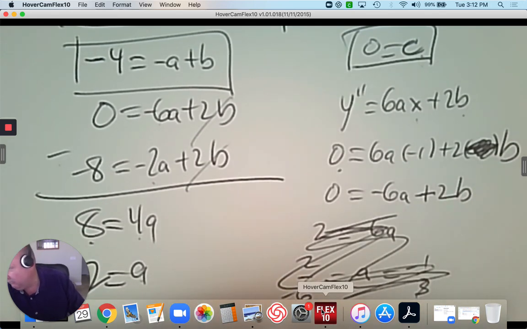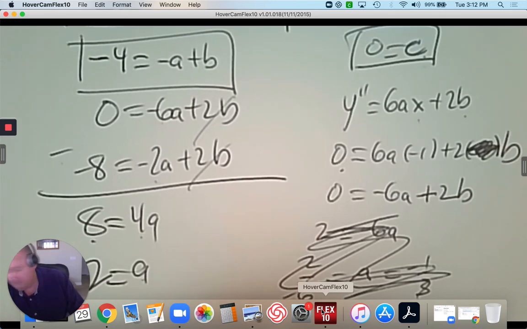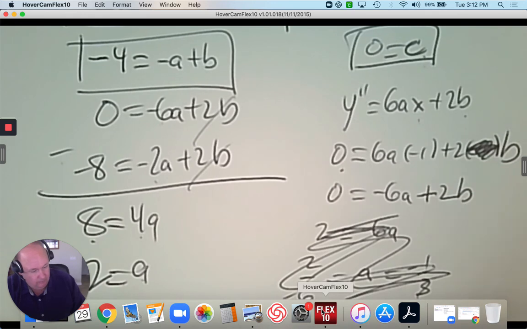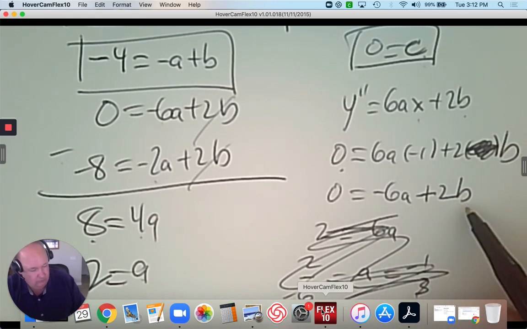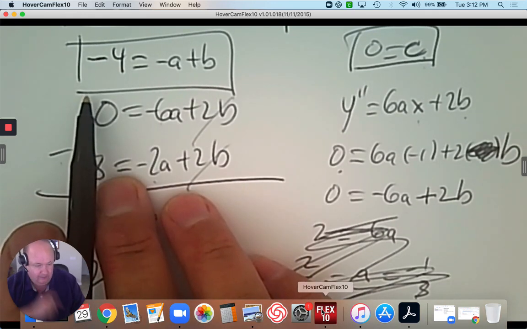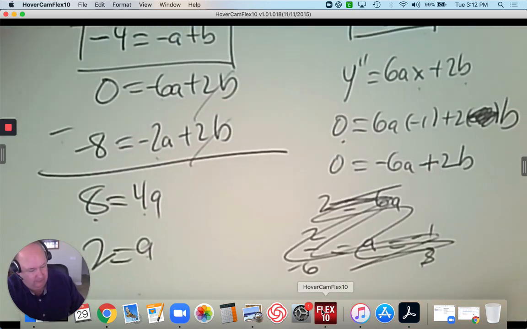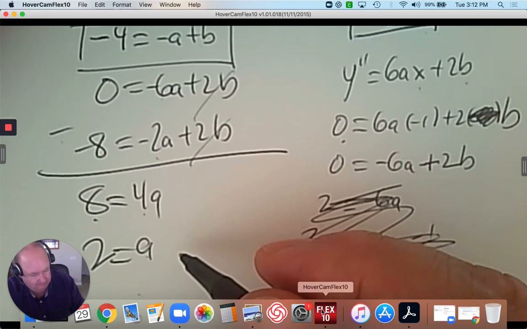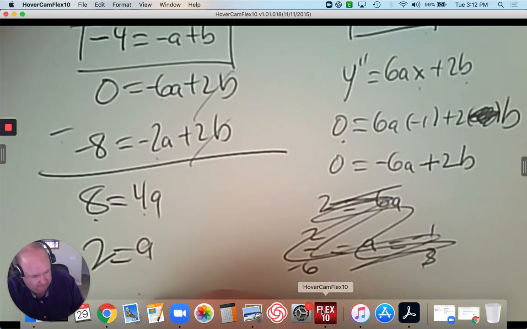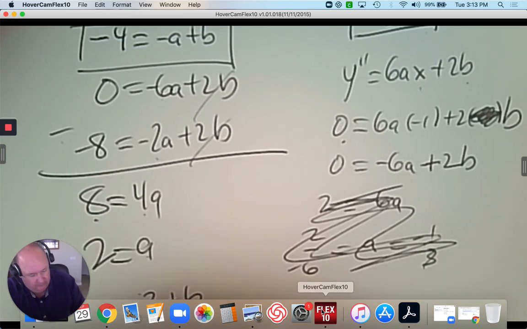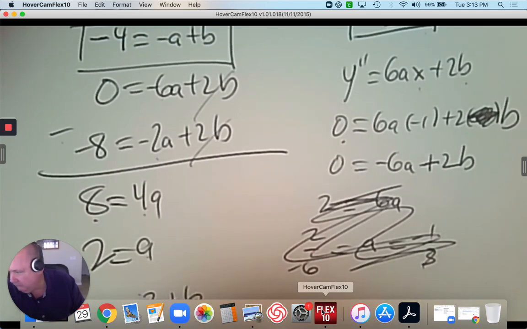A is equal to 2. Then we can go back and solve for b. And if you add 2 to the other side, b is negative 2.